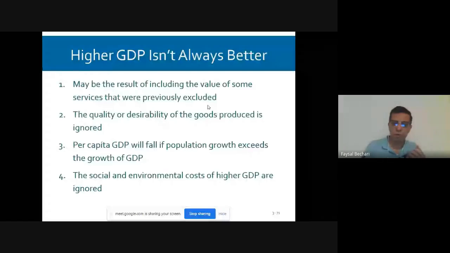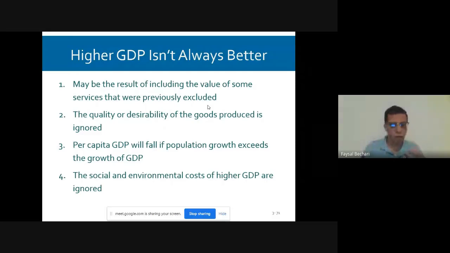The quality and desirability of the goods produced is ignored. Because your production is so much and you're increasing production, it's just like what happened in the Soviet Union: the quality might be ignored and you say, oh, I'm producing more, so I have real growth in my GDP.